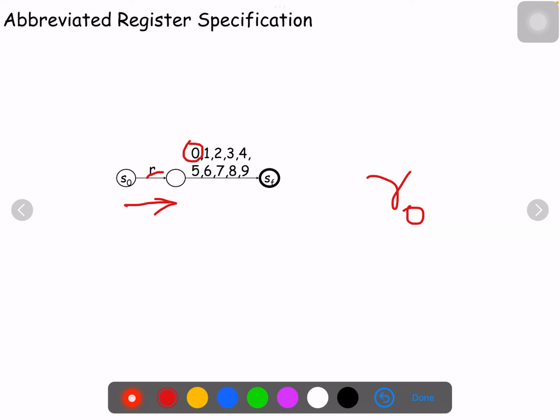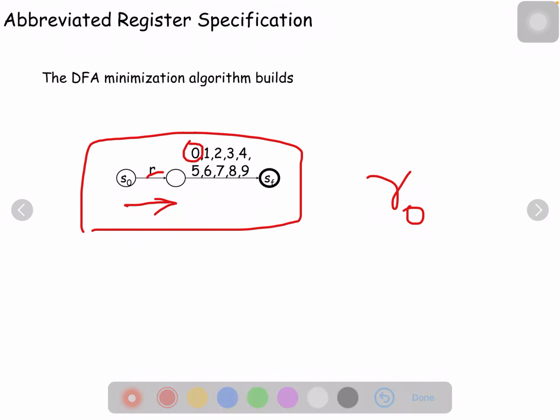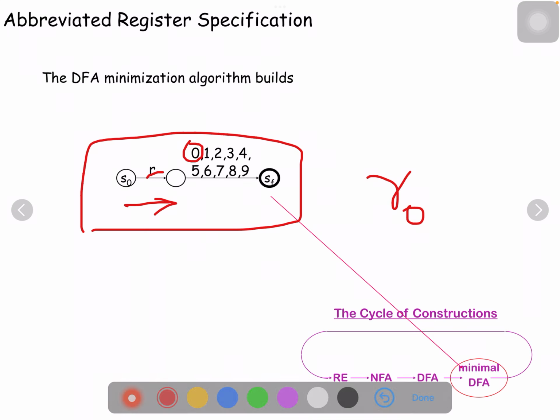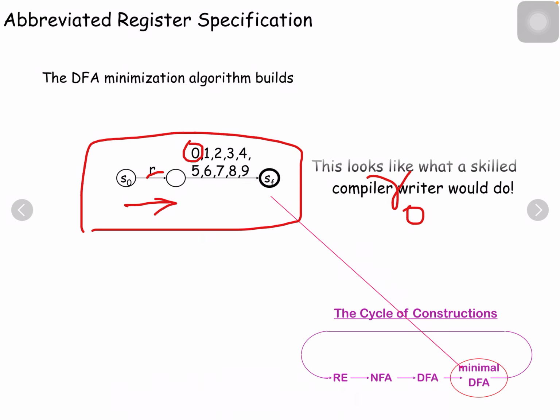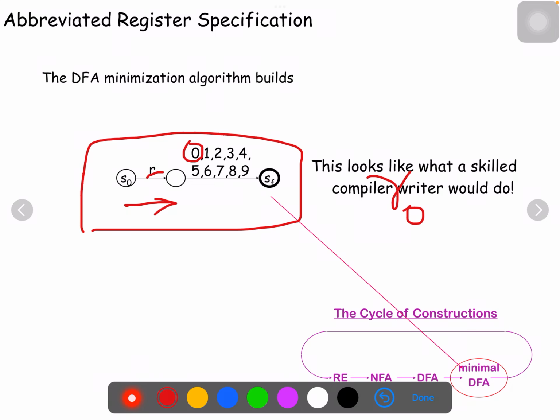R is common for all the 9 registers. Suppose you want to check R0, R is common and 0 it will accept. But remember, all these 9 inputs will not be accepted in one stretch. Depending on the input, it reads character by character, so it is easy to construct a DFA. So this is the minimal DFA.